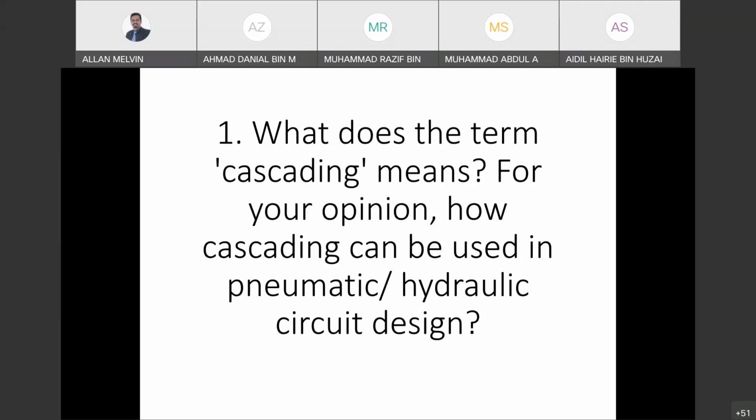If you are still not sure, I also gave Assignment 1 for you to complete. One is for cascading and one is for step counter. If you have done it, maybe you have a few questions. You may ask at the end of the discussion.